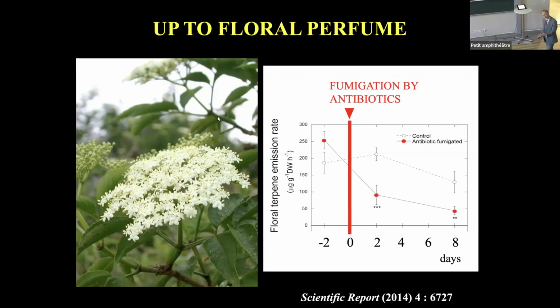The same is described for vetiver, if you know this aroma, a plant producing an aroma very much used in perfume production. The precursors of the smell are produced by the plant, but the volatilization is due to microbial modification of the precursors. So it's funny.